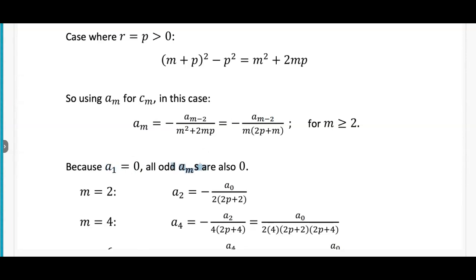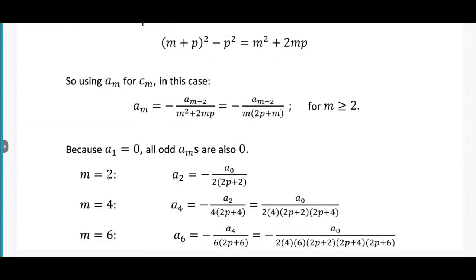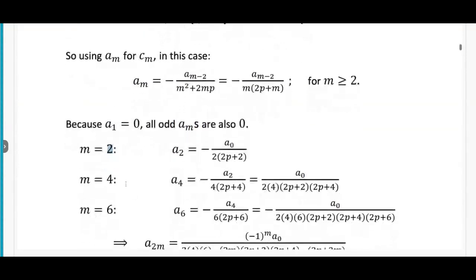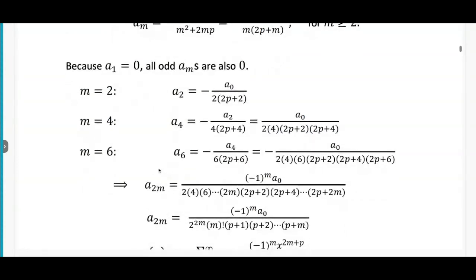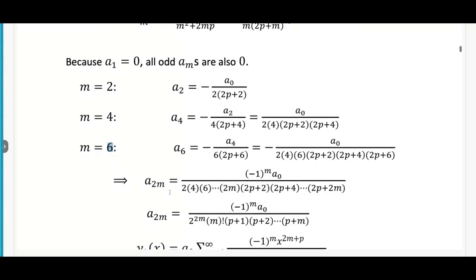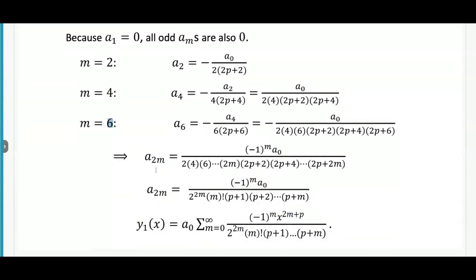For the even terms, we can evaluate m equals 2 and get such a relation with A naught, m equals 4 and get such a relation with A naught, and m equals 6. Doing this just helps us find a pattern so we can form the 2m-th term.